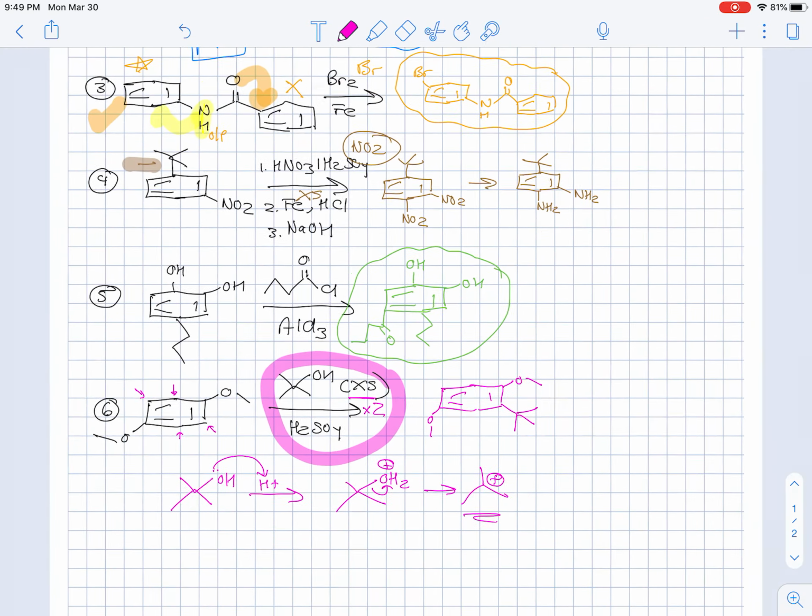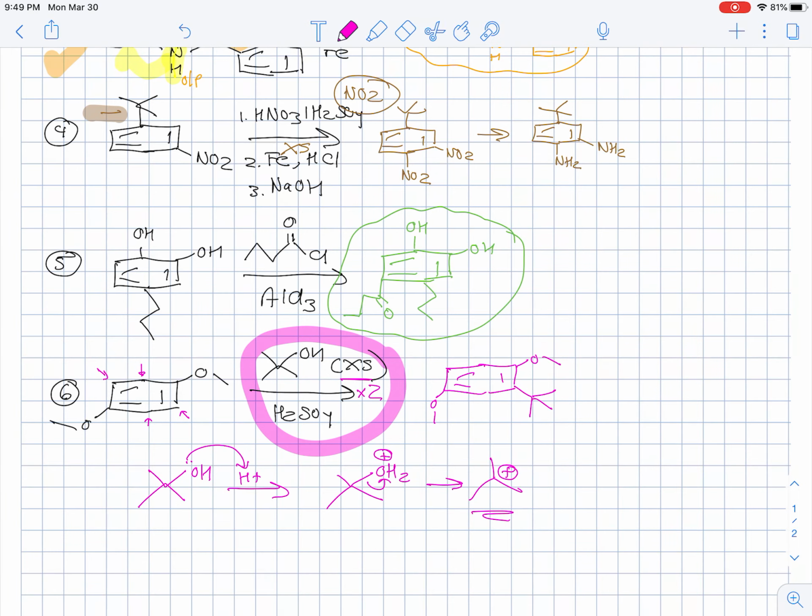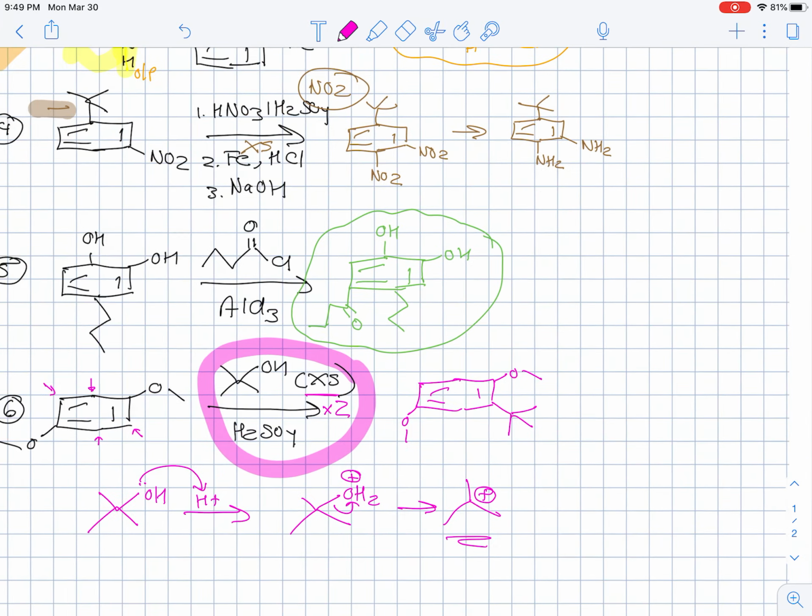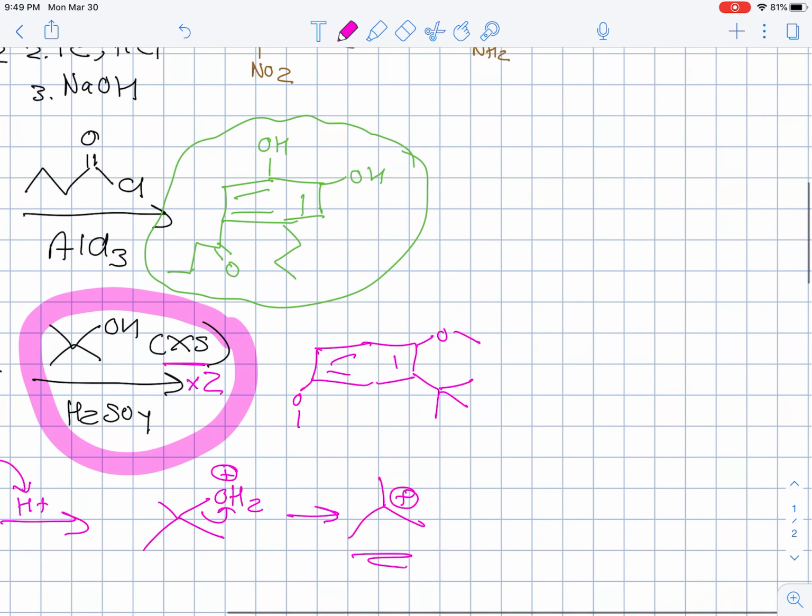I'll put it there. Now when we go to attach the second tert-butyl group, we have more choices. So we could, in theory, put it there. Not very likely because it's between this really big tert-butyl group and another group, and even if we have petite groups that are meta, we generally don't put anything there.